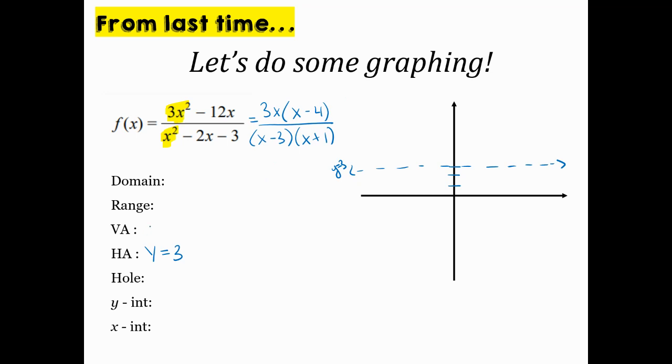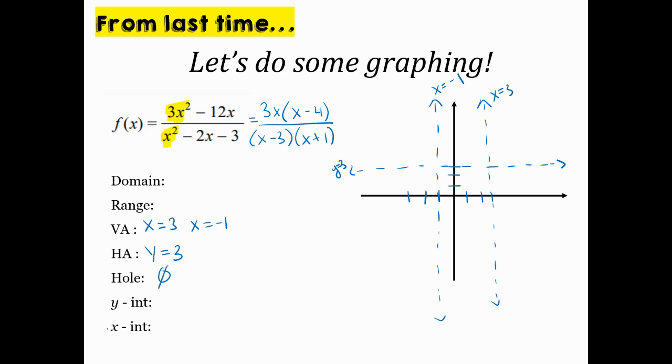Nothing cancels, but I now know that I have two vertical asymptotes, one at x equals 3 and one at x equals negative 1. So there's no holes, nothing canceled.